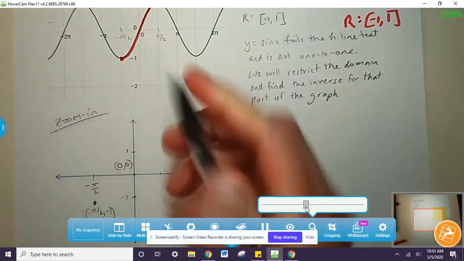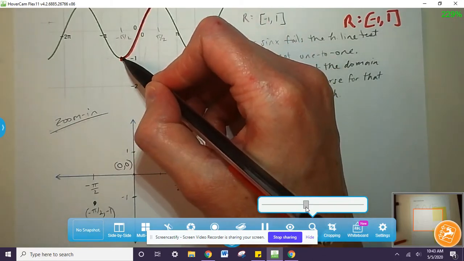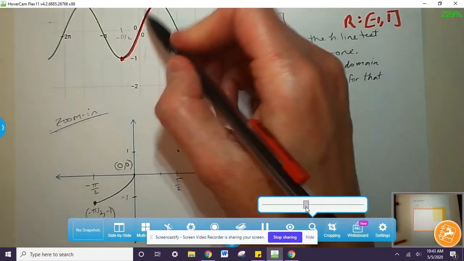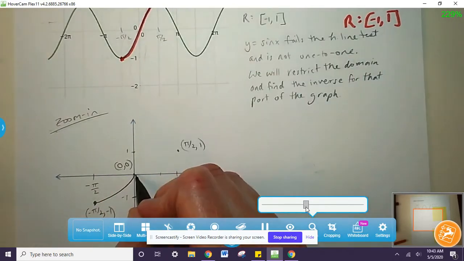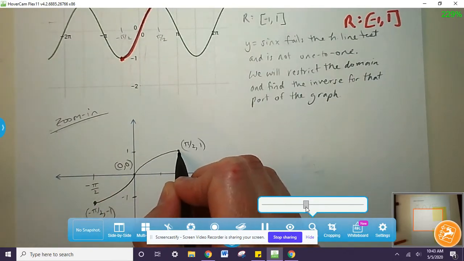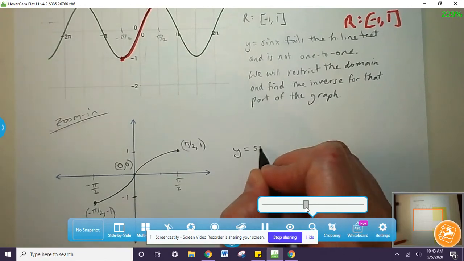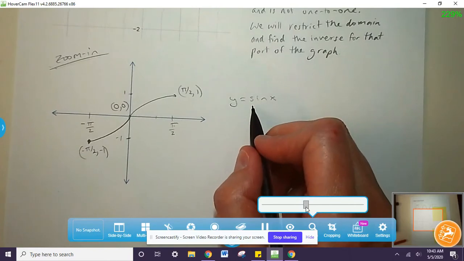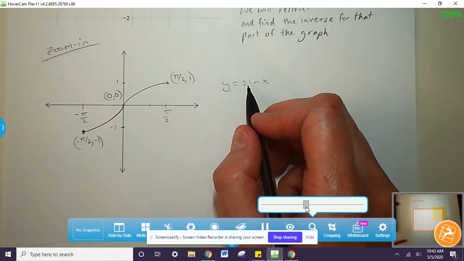And this portion of the graph right here is concave up. And this portion of the graph right here is concave down. And that is not the inverse of sine. That's my zoom in piece on sine with the restricted domain. Now we're ready to graph the inverse.